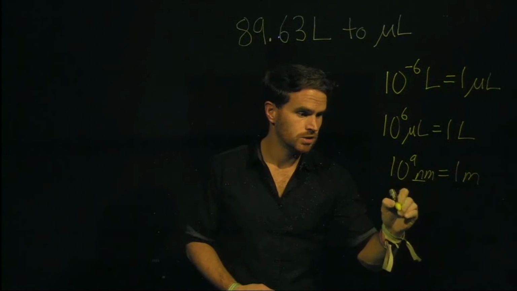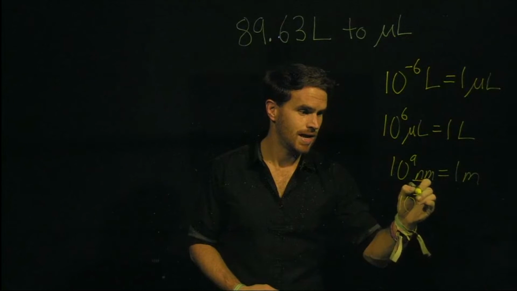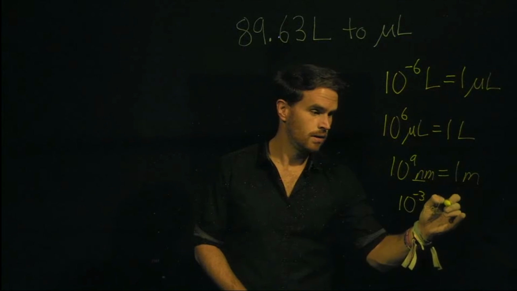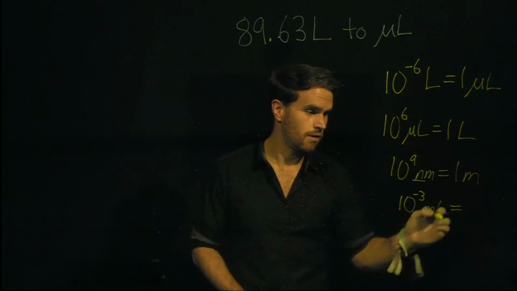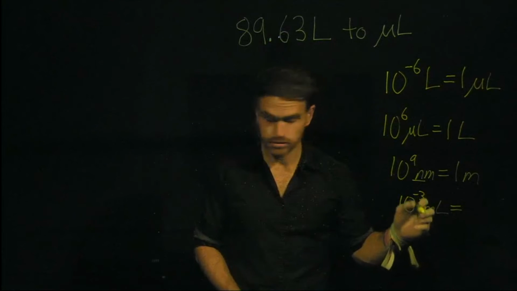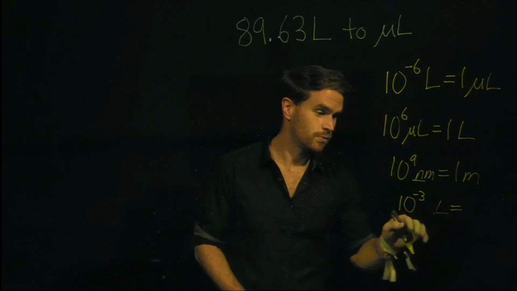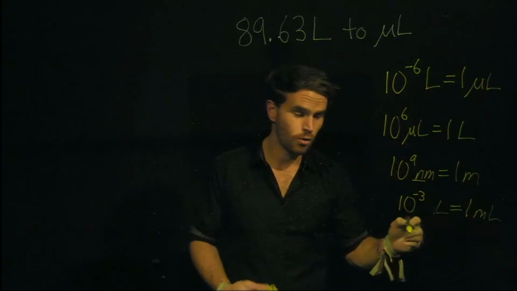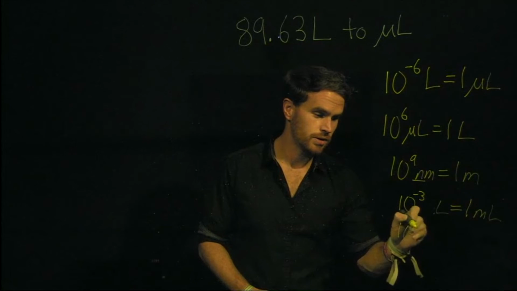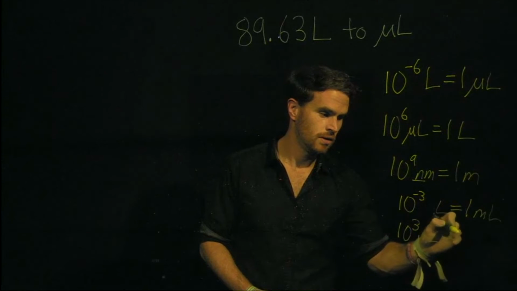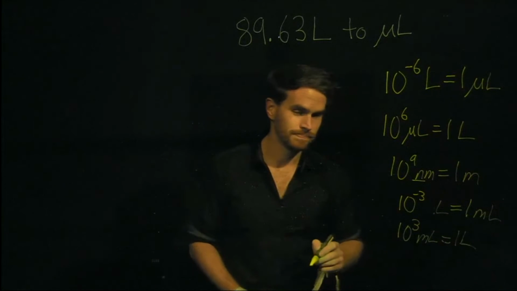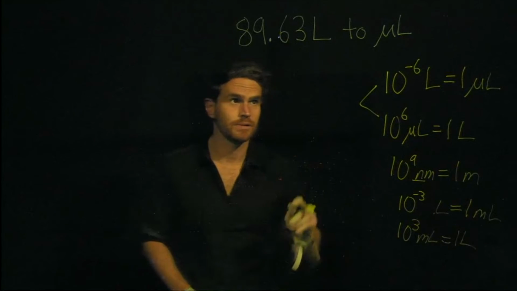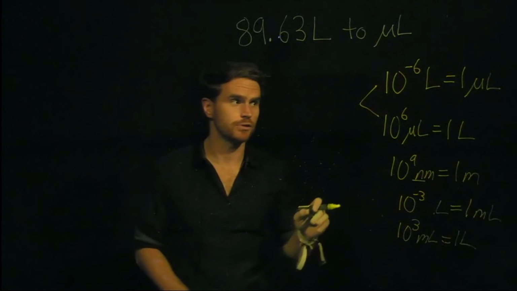So 10 to the negative 3 liters is equal to 1 milliliter, or 10 to the 3 milliliters for 1 liter. Now, this is where we're going to be for this problem, because we're going from liters to microliters.